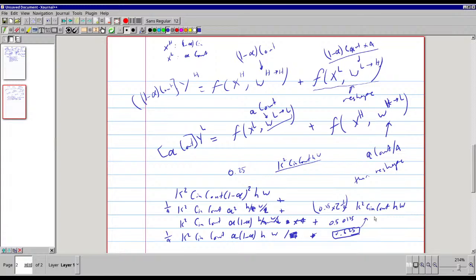Yeah, so 0.625, around almost half the number of flops.